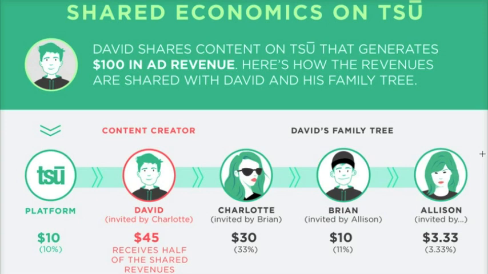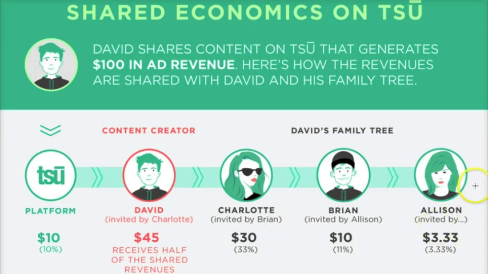So this is actually Allison's family tree. Her child in this case would be Brian, and Brian's child would be Charlotte, and Charlotte's child would be David. All of these people below are in Allison's network, but her child is just Brian, and Charlotte would show up as Brian's child. So that's how that works.